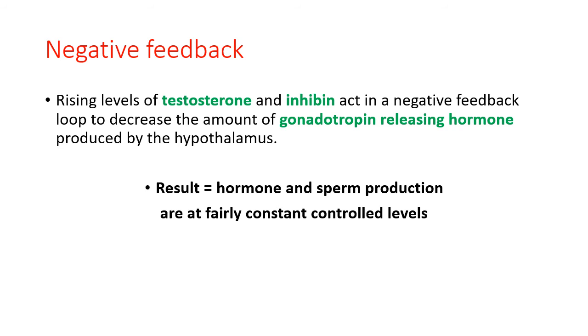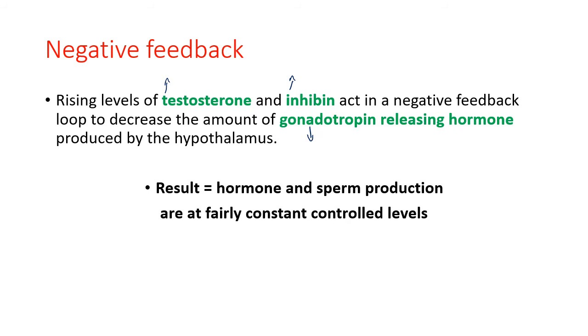So as testosterone levels go up, so we get increased testosterone levels, we have increased amounts of inhibin. So that inhibin is going to feed back to the hypothalamus, and as it does so, that's going to decrease our amount of gonadotropin.